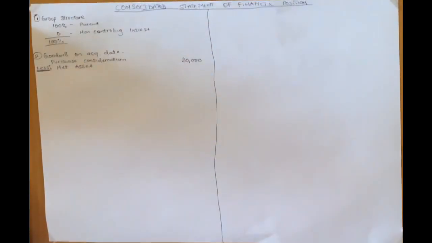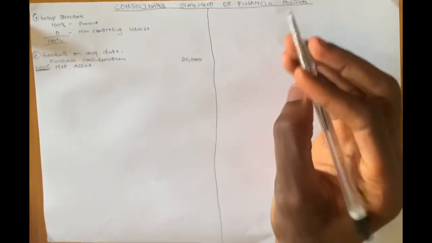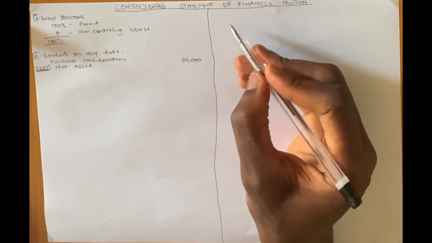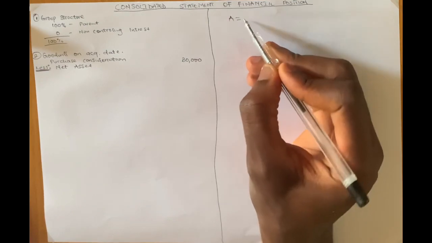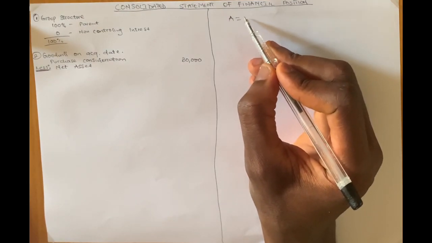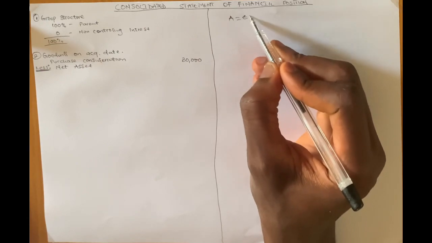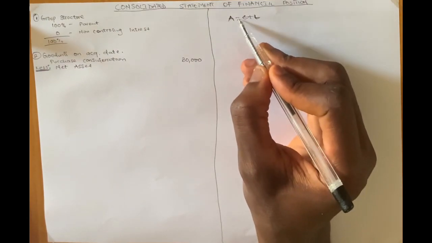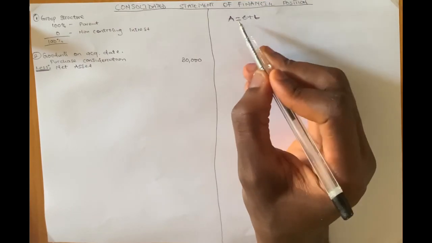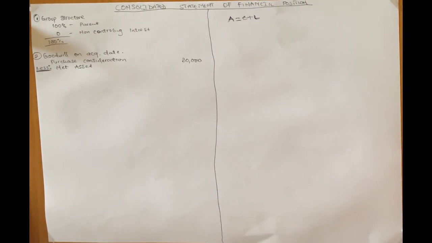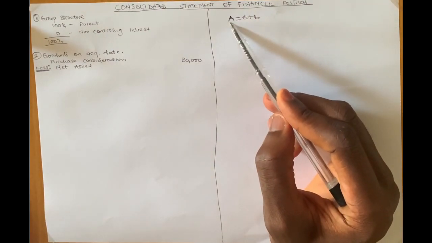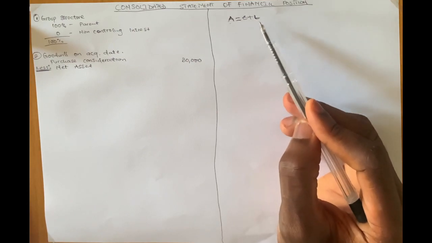Please, let's understand the meaning of this net assets. Now, we all know our financial or accounting equation, which is asset equals to equity plus liability. But when we are paying for our assets, we cannot also be paying for our liability.